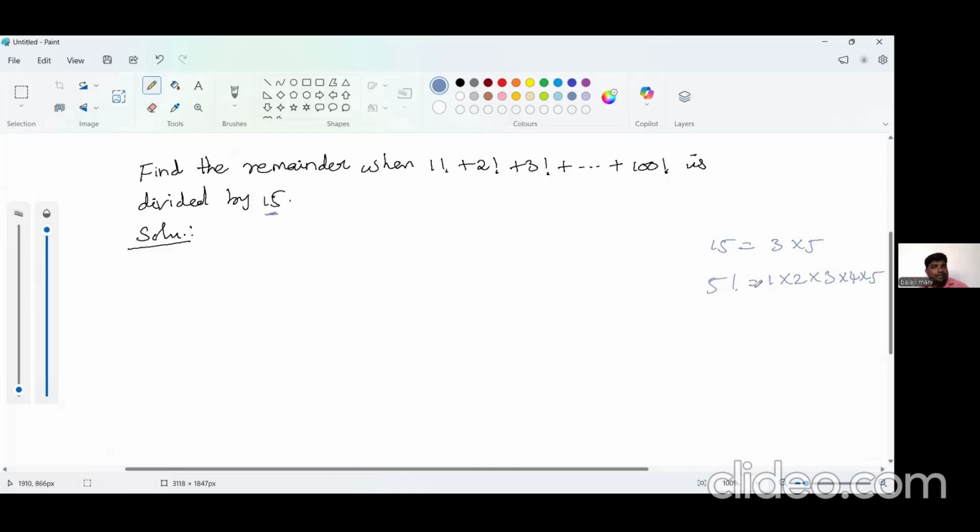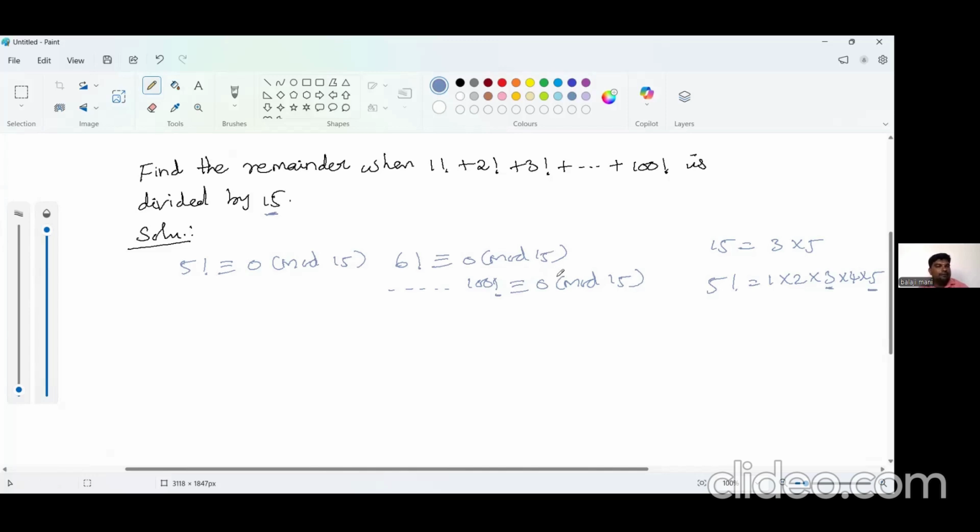So from 5 factorial onwards, every factorial is divisible by 15, and the remainder is 0. So 5 factorial ≡ 0 (mod 15), 6 factorial ≡ 0 (mod 15), and so on up to 100 factorial ≡ 0 (mod 15), because each of them contains 3 times 5. So the remainder is 0.